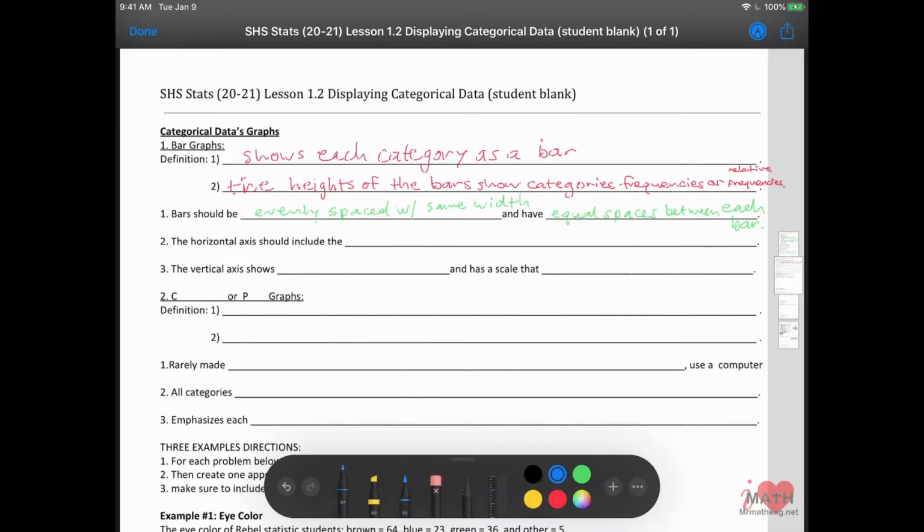All right, the horizontal axis should include the variable names and or possible categories.